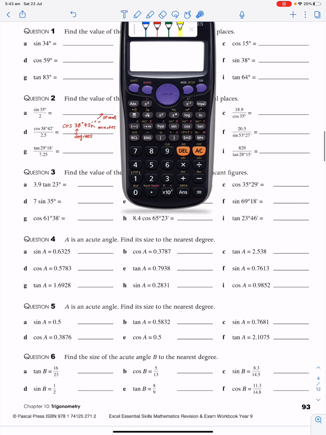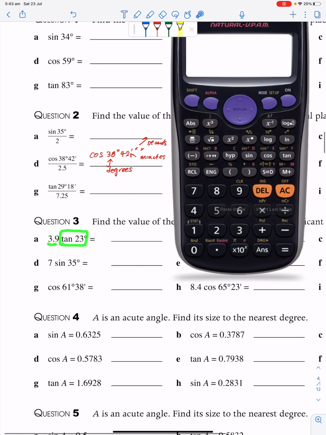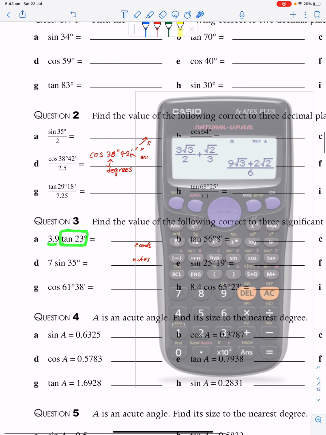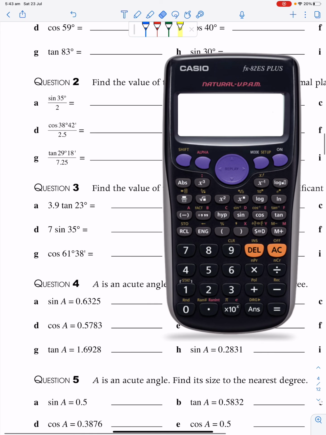Question 3a. All this means is 3.9 times tan 23. That's all that means. So, what you can do here is you can do 3.9 times tan 23.